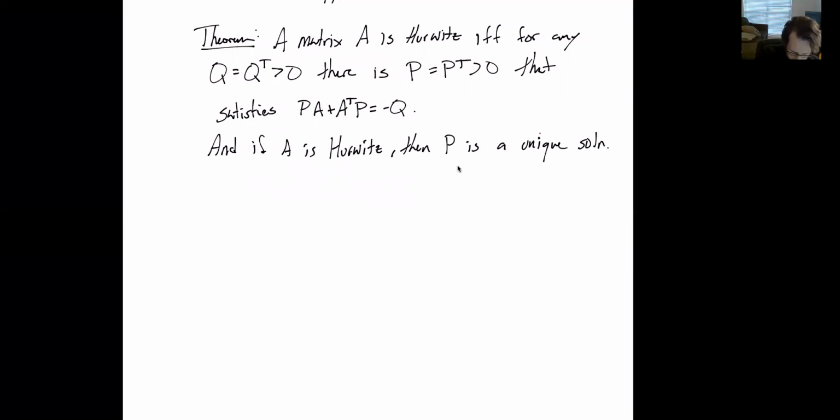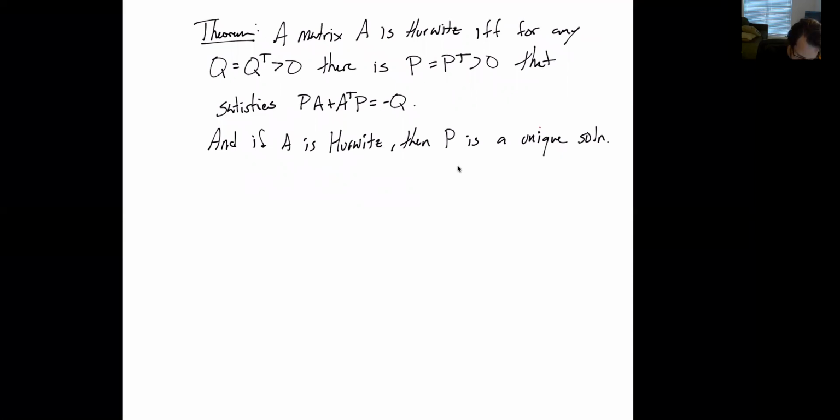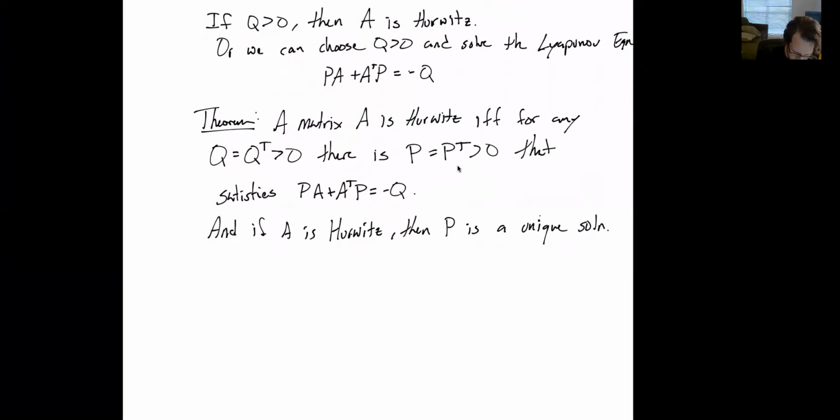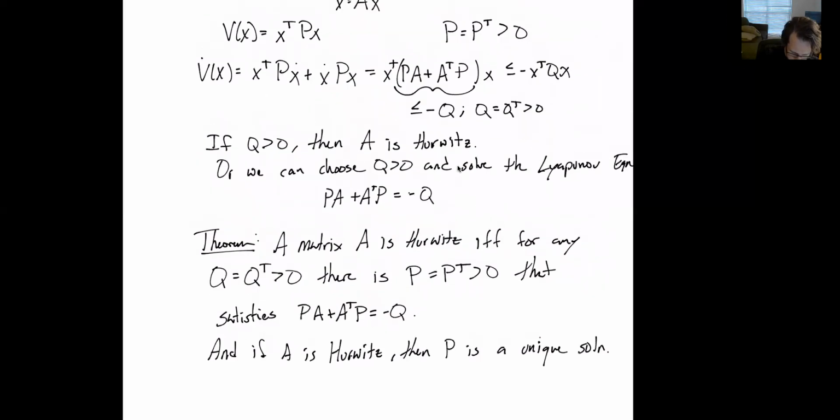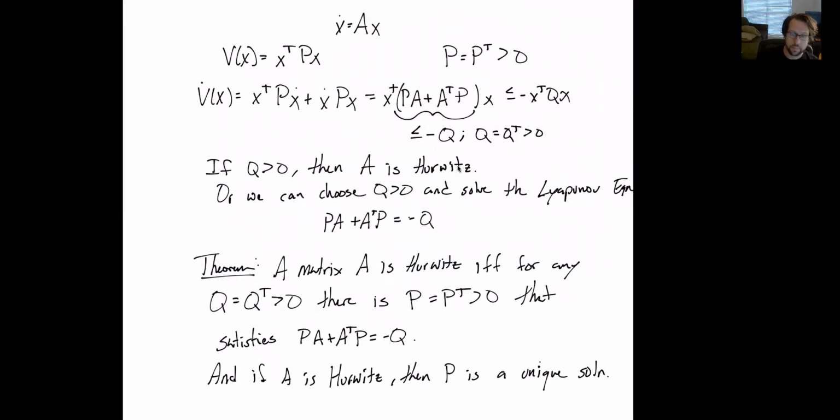So that means that if A satisfies the properties of a Hurwitz matrix, then there's only one P given a Q. Makes sense, right? What's neat about this is we can actually use these equations for a nonlinear system to estimate the region that would converge to the origin, which may be difficult to estimate.